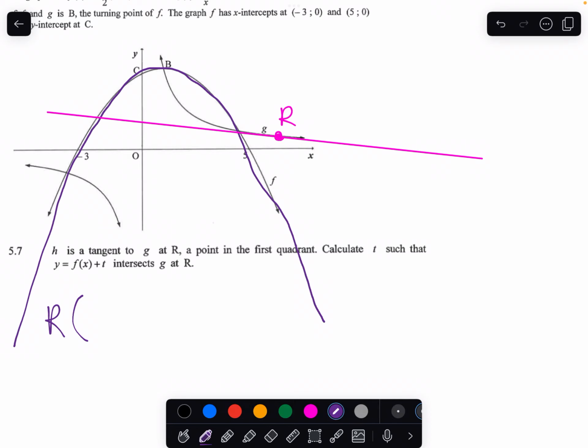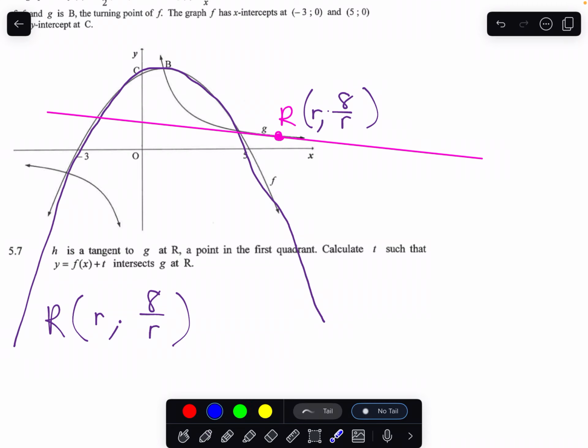So let's say little r, if the input is r, then the output is 8 over r. So those are the coordinates of R. And then we want to find a t such that this f(x) plus t will intersect g at r.